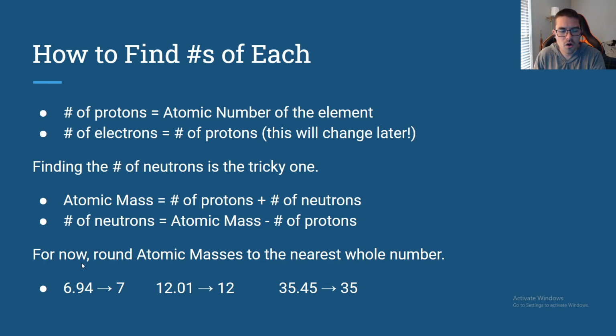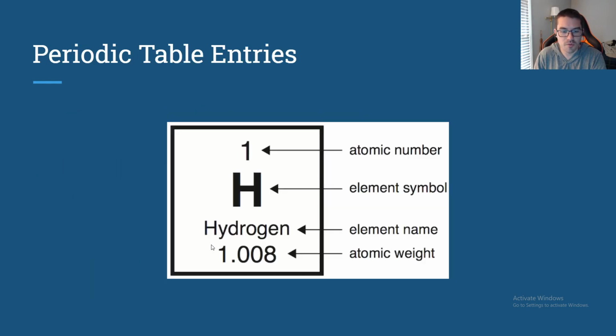For now, we are going to round the atomic masses to the nearest whole number. Okay? So what that means is that for this example here, we would want to round this number to the nearest whole number. 1.008, that would round down to just the number 1. Okay, so the atomic mass for hydrogen, for us, for right now, is just going to be 1.